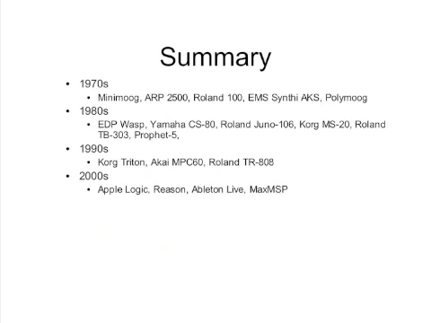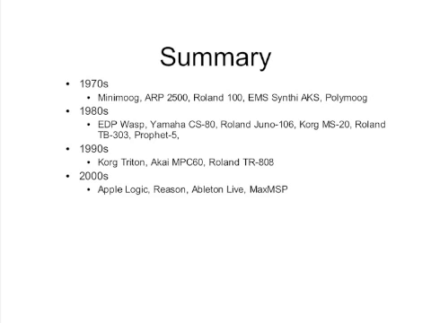So we reach the end of our talk tonight. Just to quickly summarize the gear that we covered: in the 70s, we took a look at the Mini Moog, the ARP 2500, the Roland 100, the EMS Synth AKS, and the Poly Moog.